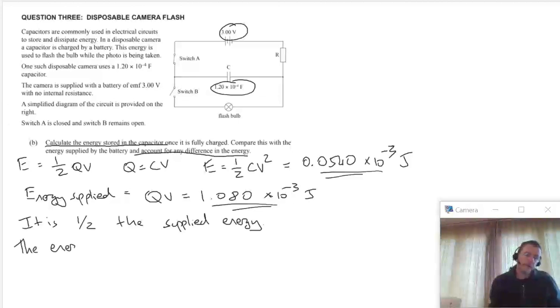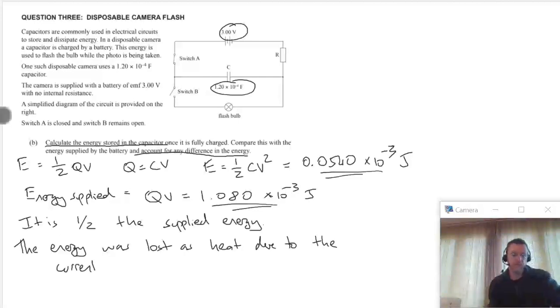The energy was lost as heat due to the current flowing through the resistor. And I think that is all we need.